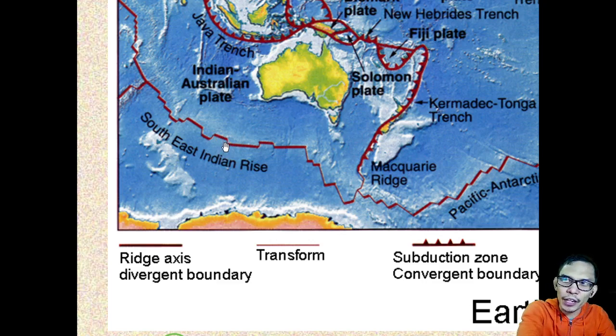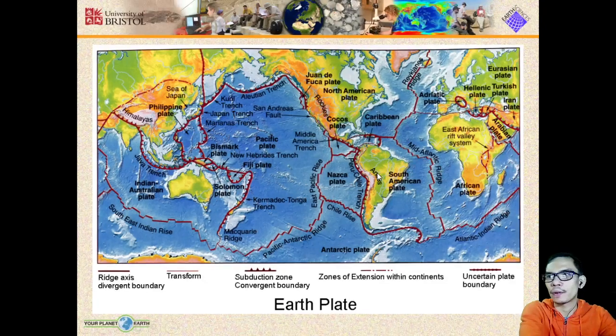Now, at the middle of it, there is a thin line, and that thin line represents the transform plate boundary. Meaning to say, in this area the plates are sliding past each other. So there you go.